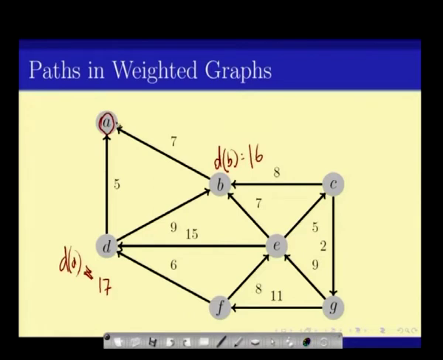Now if I take this route, I have 17 plus 5 is 22, and if I take this route, 16 plus 7 is 23. So, I will take this route, and this is the best I can get, because I have to enter either through this or through this, and if I enter through this, then it has already given me the right answer. So, under the condition that my neighbors have done a good job, I will get the right answer.